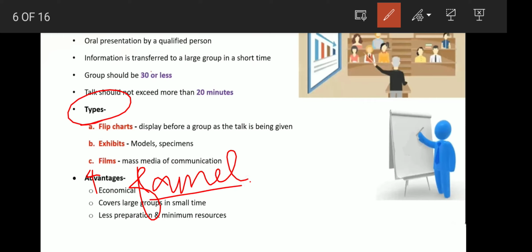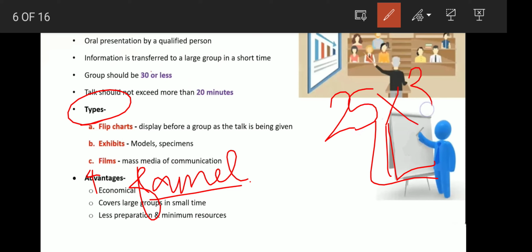Here, regarding the flip charts, we know that there are series of charts. You can see here there are series of charts, and these series of charts or posters will be around 25 to 30 centimeter, and they each will contain the illustrations regarding the talk.